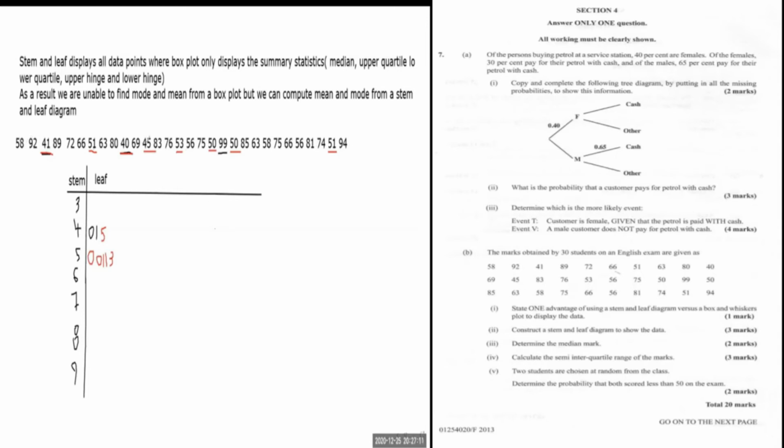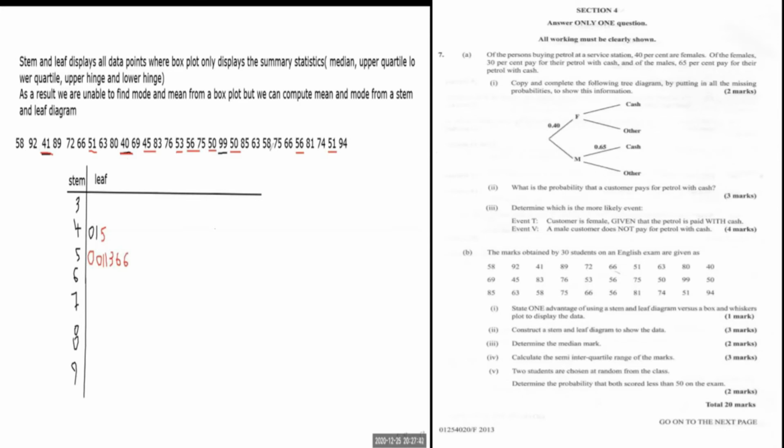54. No 54. 55. Don't see any 55. 56. Here's a 56. You can put 6 right here. See another 56. Here's another 56. And put another 6 here. Then 57.